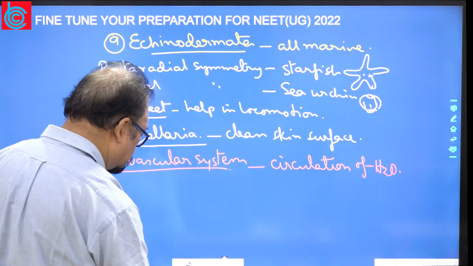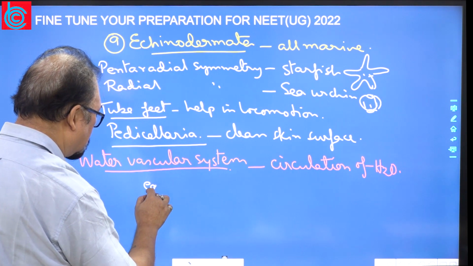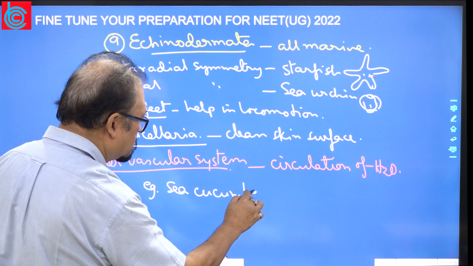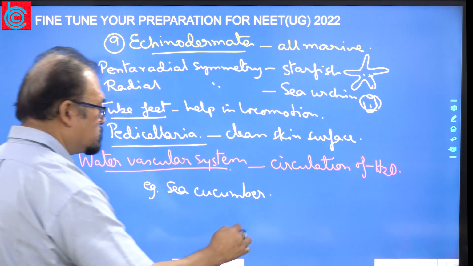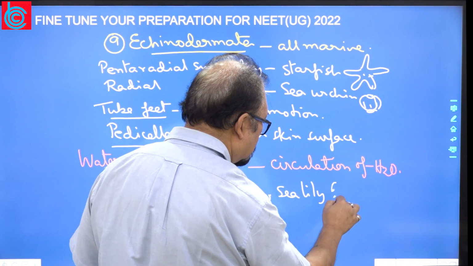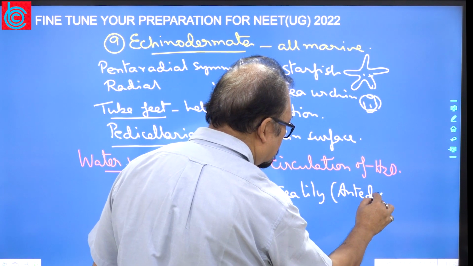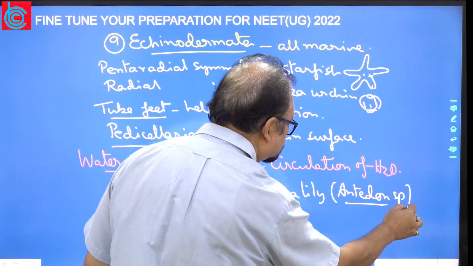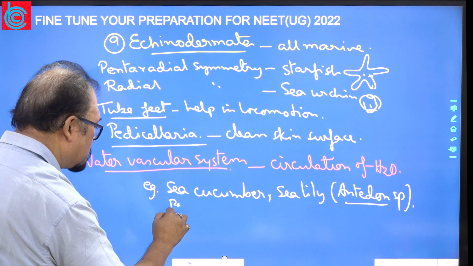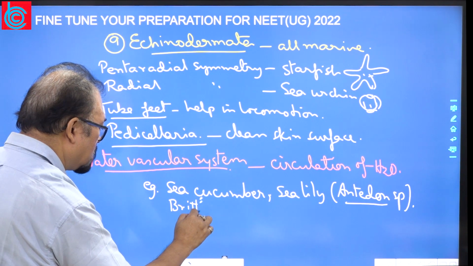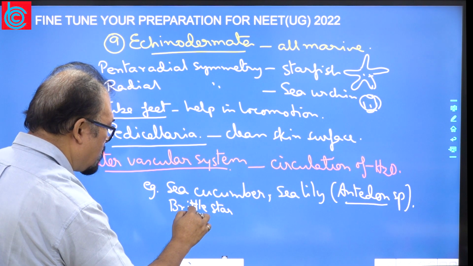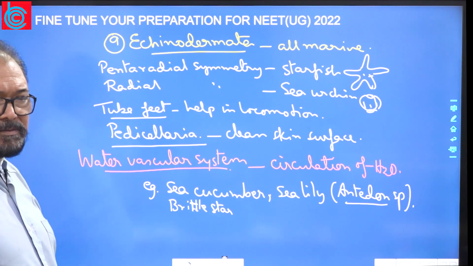Some other examples: sea cucumber, sea lily, Antedon, brittle star, Ophiuroidea.